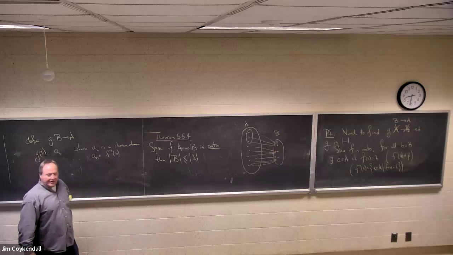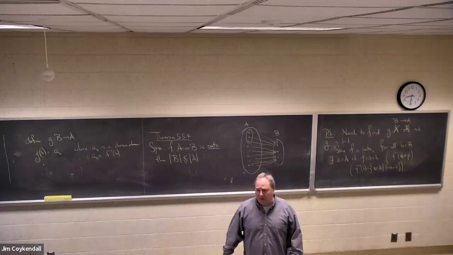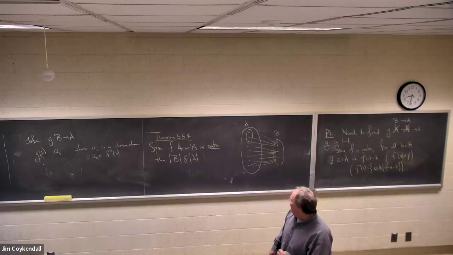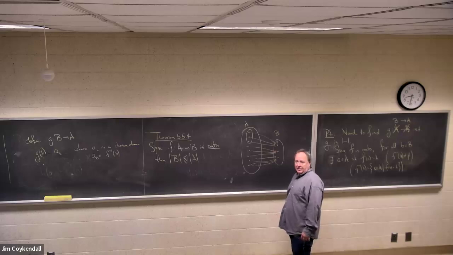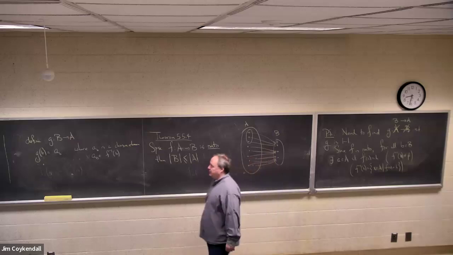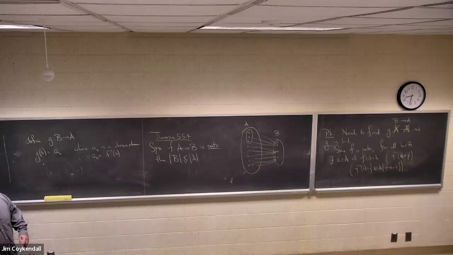Notice I have to make a choice. And actually, if there's infinitely many of these B's, I will probably have to make infinitely many of these choices. And so that's where the axiom of choice comes in. To prove this theorem in all its generality, I'm potentially making infinitely many choices.